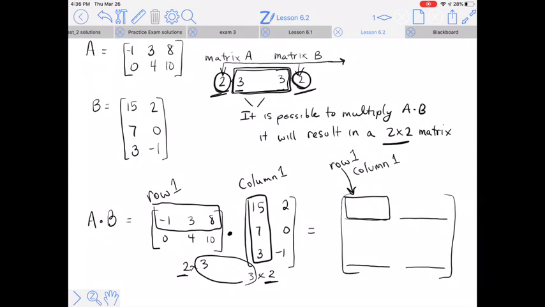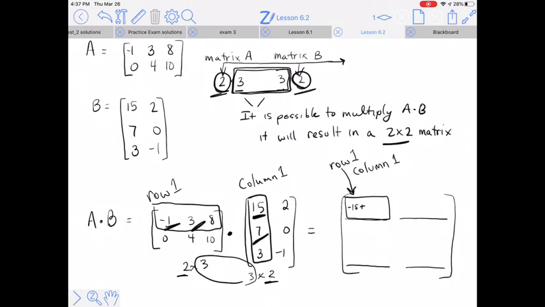A linear combination is a combination of multiplication and addition. So I've got 3 entries here, and I've got 3 entries here in row 1 and column 1. So I combine those entries by multiplying and adding. So these 2 entries multiply, and then I add that to these 2 entries which multiply.